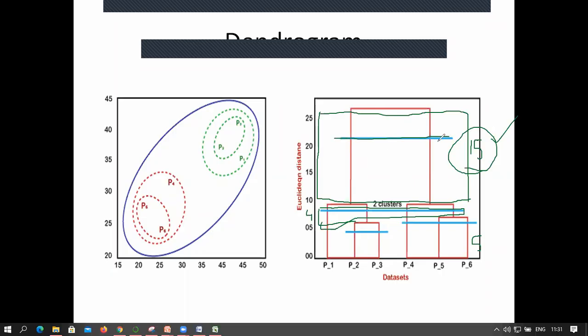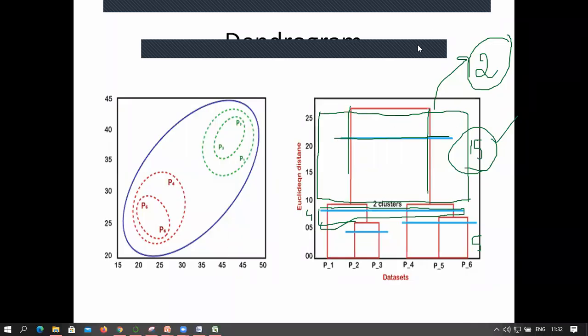It will cut 2 vertical lines. It is cutting this one vertical line and this vertical line. That means the number of clusters that you need to consider is 2. Optimal number of clusters that you have to take is 2. Is it clear? I'll take one more example in the next slide.